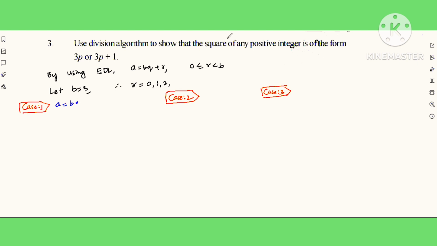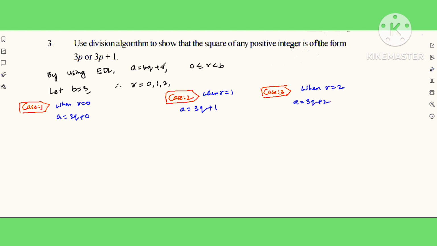Here b, what have I taken? 3. So I have to write 3q plus 0. Means the remainder I am taking as 0. When r equal to 0, a equal to 3q plus 0. And when r equal to 1, we get a equal to 3q plus 1. When r equal to 2, we get a equal to 3q plus 2.